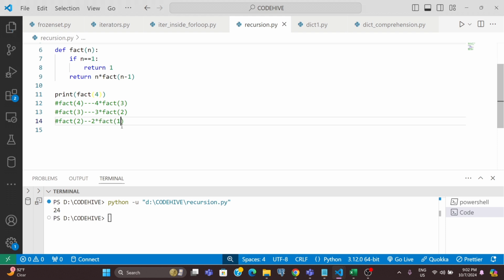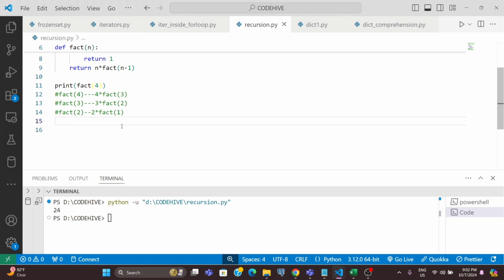So this is the chain process that is happening. At last, factorial of 1 is the base case, so the execution will be over. So our answer will be 4 into 3 into 2 into 1, like that it is happening. Okay, clear? So that is the working of recursion.